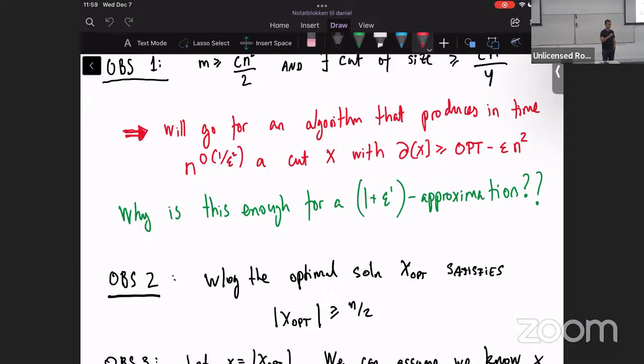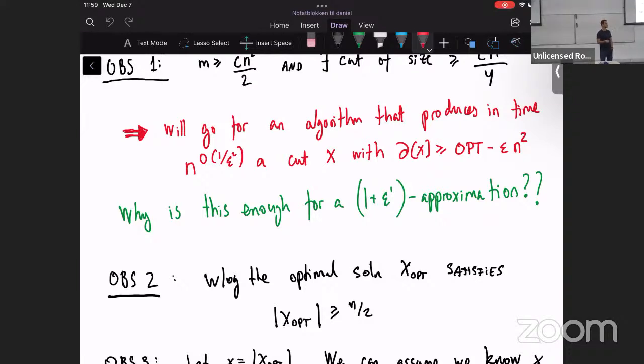I'm saying that because opt is large. Opt is at least n squared over 10. That means that if I differ from opt additively by at most n squared over 100, then I am a 1.1 approximation algorithm. If I differ from opt by at most n squared over 1000, I am a 1.01 approximation algorithm.